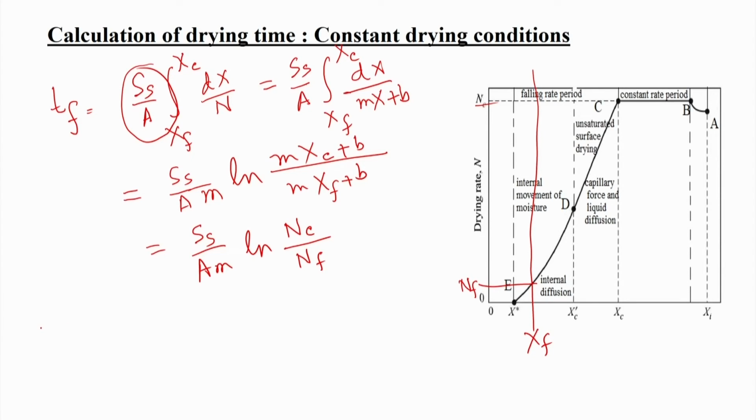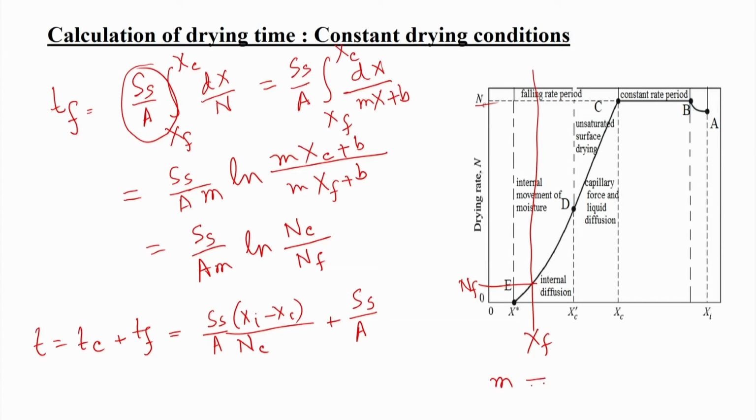Now for the first condition, when we assumed that the falling drying rate is linearly proportional to the moisture content, the total time will be t = t_c + t_f, that is S_s/A × (X_i − X_c)/N_c + S_s/A, and the m we found out just now: m = (N_c − N_f)/(X_c − X_f).